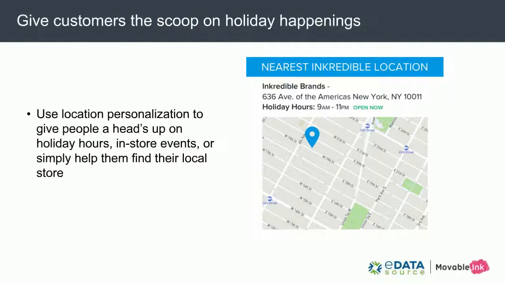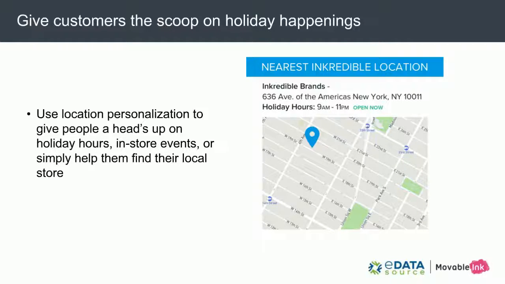For those of you with brick and mortar locations, another way that you can personalize an email is using a map. So there's a couple things that are really great about this. Number one, you can show the customer's nearest location to where they happen to be living, if that's something that you would want to do.